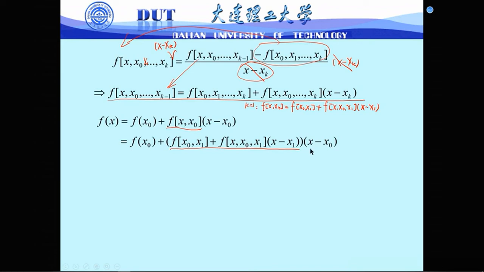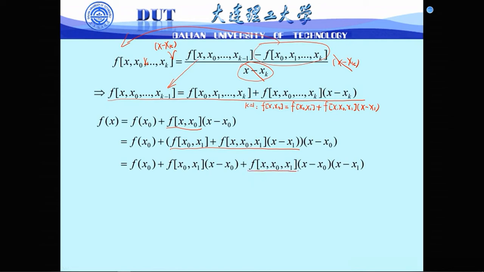We use this general formula for the case when k equal to 1. Now we multiply x minus x0 to these two terms. So first is f[x0, x1] multiply x minus x0 plus this term, f[x, x0, x1] multiply x minus x0 multiply x minus x1. It's okay?